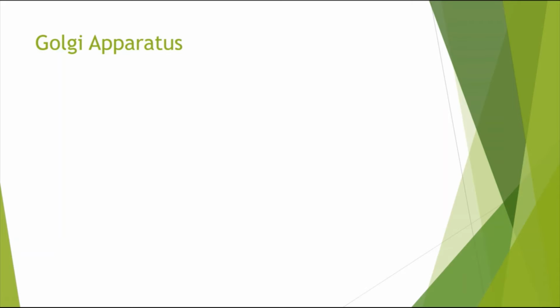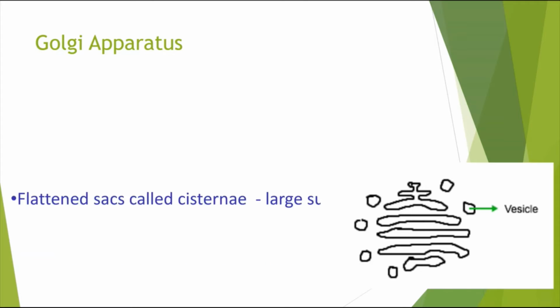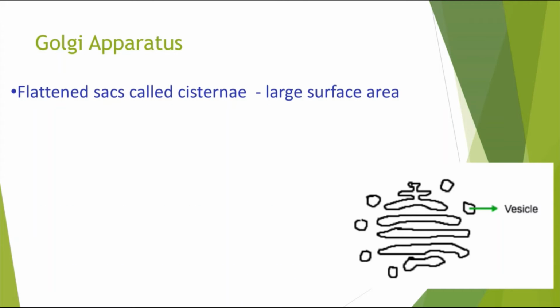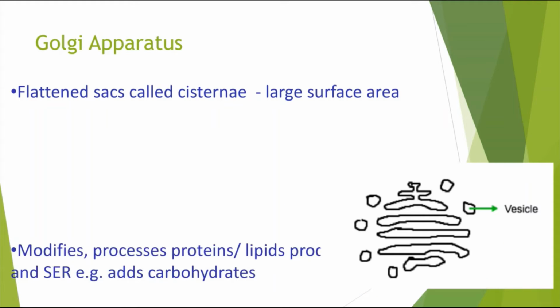Right, moving on is the Golgi apparatus. It has flattened sacs called cisternae. These are flattened and are called cisternae, and this increases the surface area. For example, it's not like this, it is like this, and this increases the surface area.